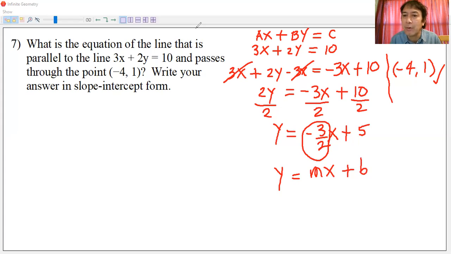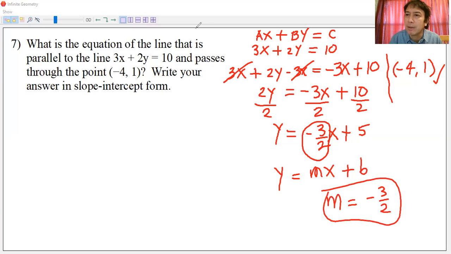So we finally have the slope, which is negative 3 halves. And that's what we need, okay? We need this slope. And we will be using this with this point, okay? And after which, we'll be able to get the required equation, okay?